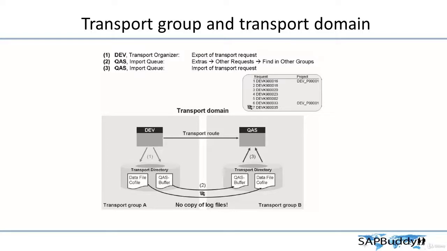Let's say the log file, which is centrally available when the transport directories are in the same central location, will be a little different in this case, because the log files saved here will be different from the log files there. So there will be a little difference in the log file. You need to combine both to get the exact logs. If it is in a central location, the log file is going to be better than with distributed transport directories.